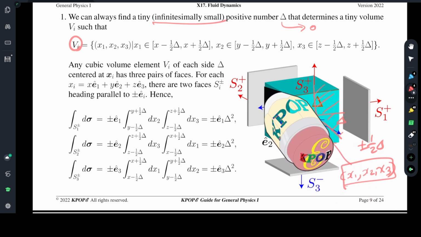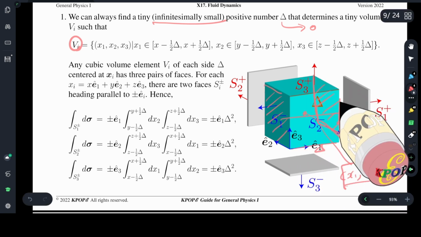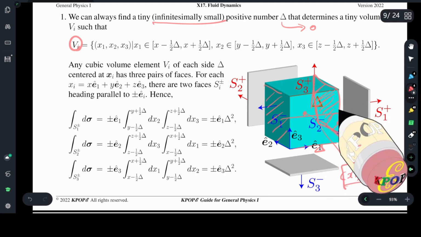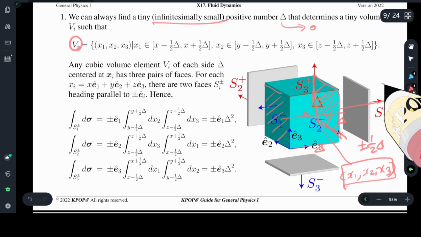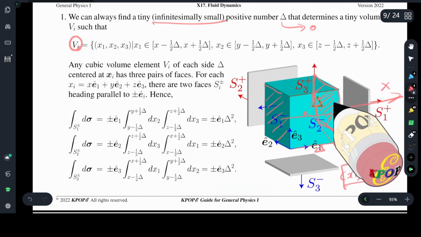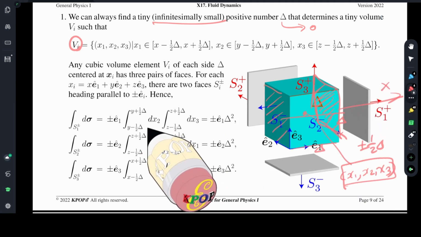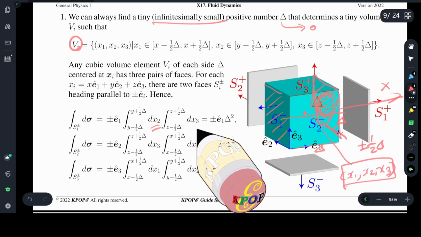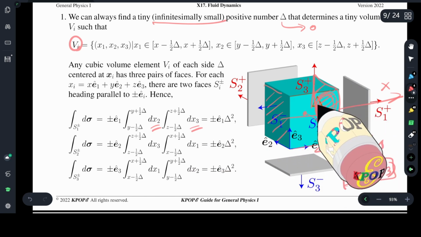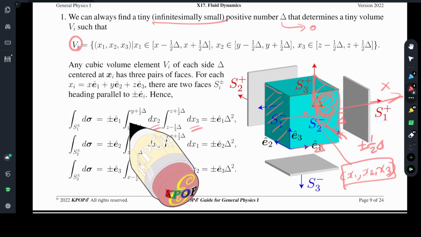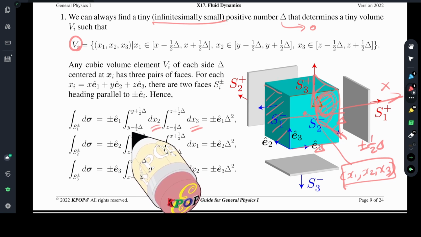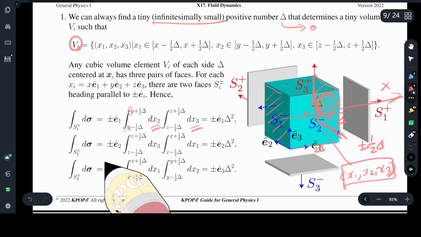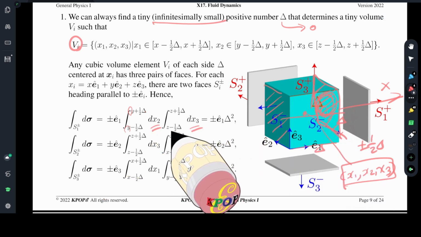If I choose this side, the positive side of the surface perpendicular to the x-axis, then this surface can be expressed in terms of an integral over y and z, where y varies from the central value minus 1/2 delta to plus 1/2 delta, and z in a similar manner.